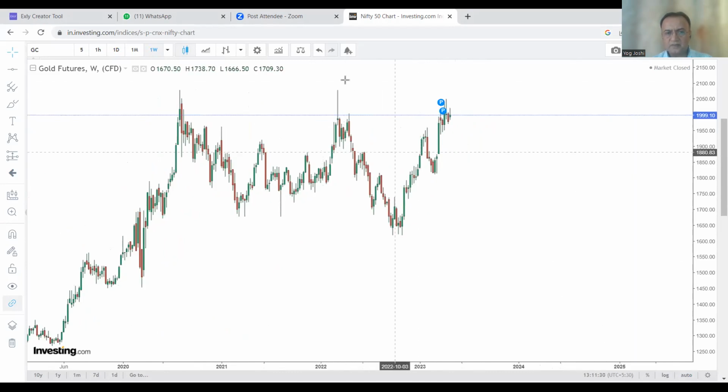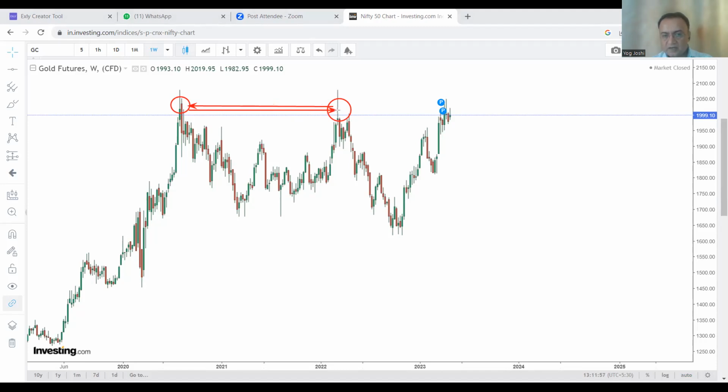You can say this is the resistance area, or the distribution area. This is also a distribution area with reference to historical data. With reference to historical data, the chart once again faced resistance whenever it came to this price level.